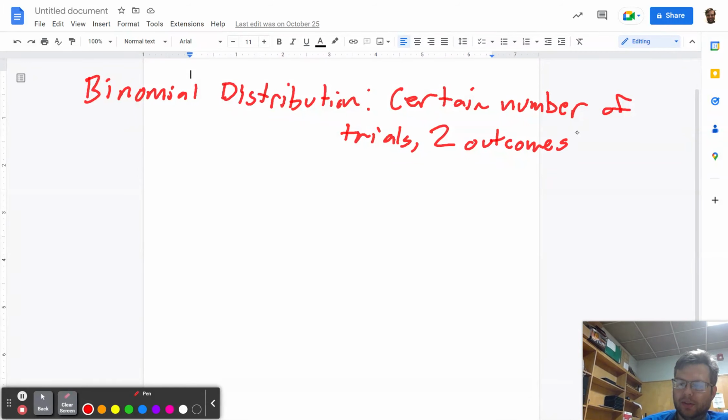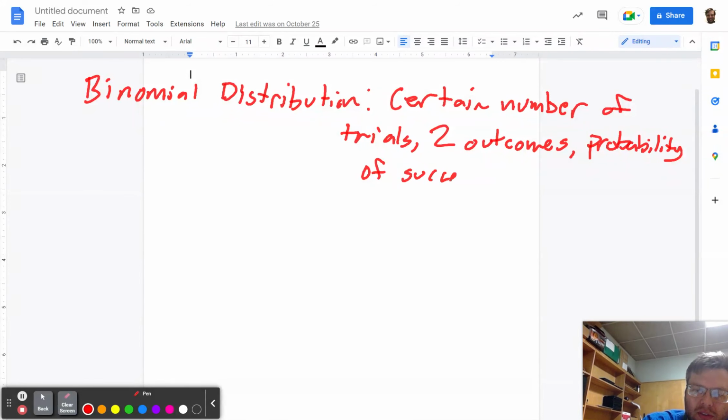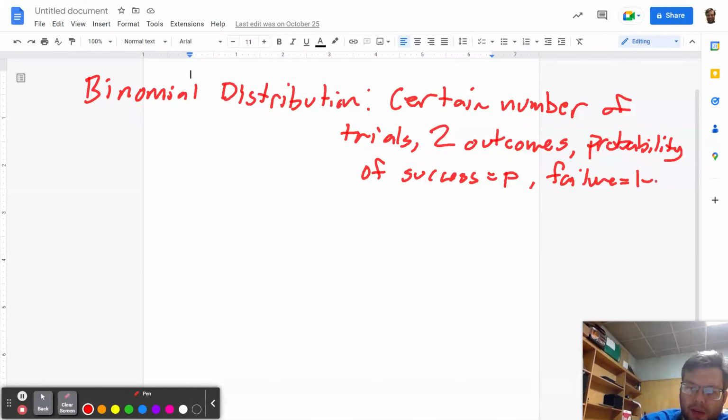And those are either called a success or called a failure. And so the probability of a success is called P. And then because there's only two outcomes, all of the outcomes need to add up to 1. So the probability of a failure then has to equal 1 minus P.